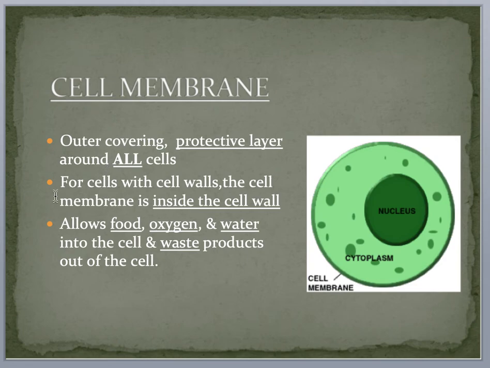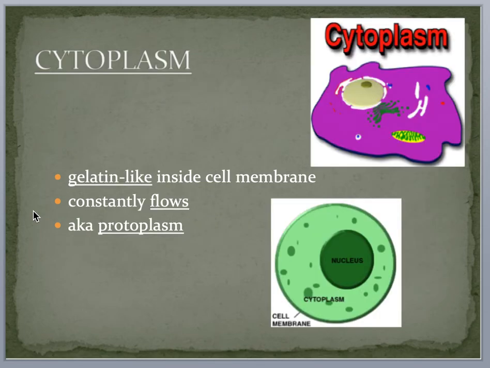The cell membrane, inside the cell wall, allows food, oxygen, and water into the cell, and waste products out of the cell. So it provides a barrier, but it also works as a gate to facilitate the transport of substances into and outside the cell. Cytoplasm is the next important component of a cell.